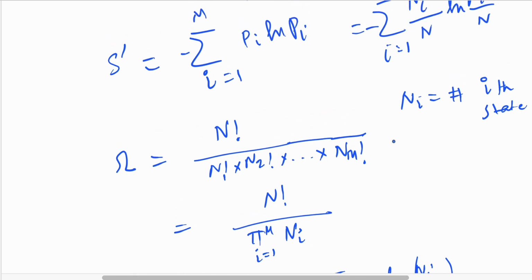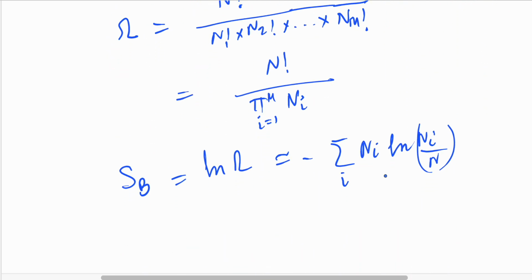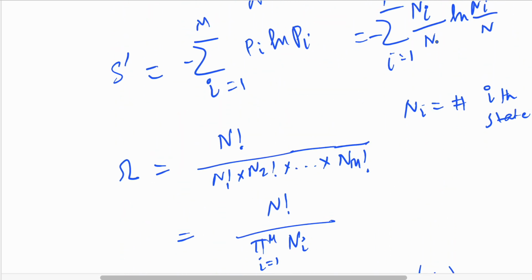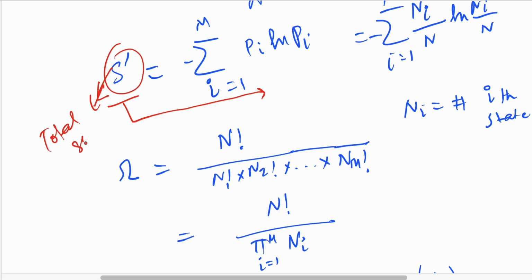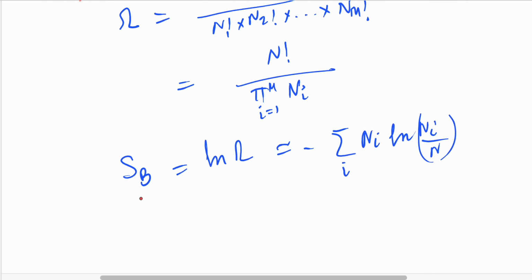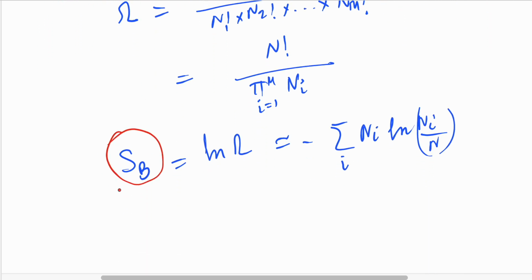You can easily read off from these two expressions that the 1 by n factor is missing, because we have already discussed that the Shannon entropy only captures the uncertainty or the entropy of a single particle. In the thermodynamic limit, since the entropy becomes an additive quantity, the Shannon entropy of the total system will be exactly the same as the Boltzmann entropy.